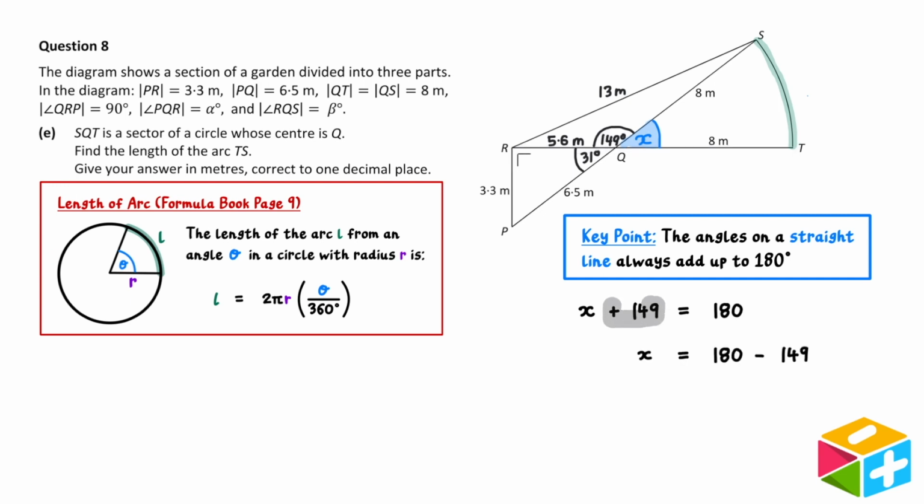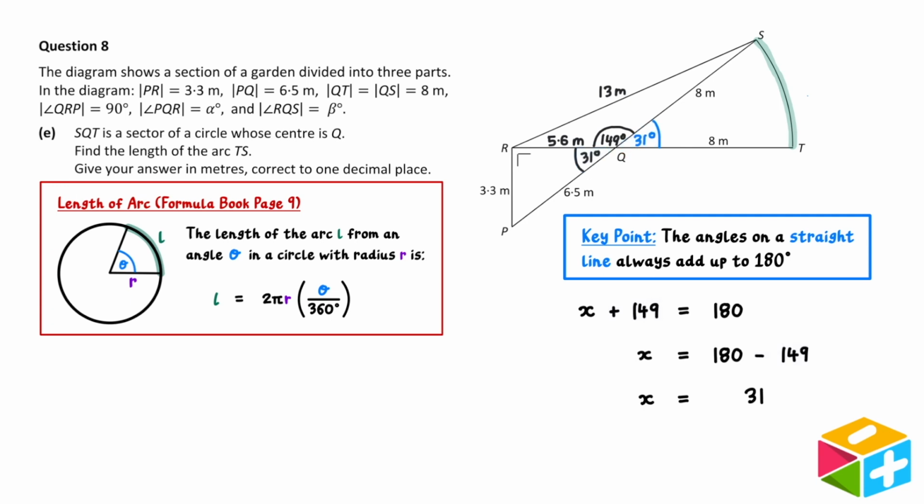To find x, we should subtract 149 from both sides. This gives us that x is equal to 31 degrees. An alternative approach to finding this angle would be to use the fact that opposite angles are always equal.